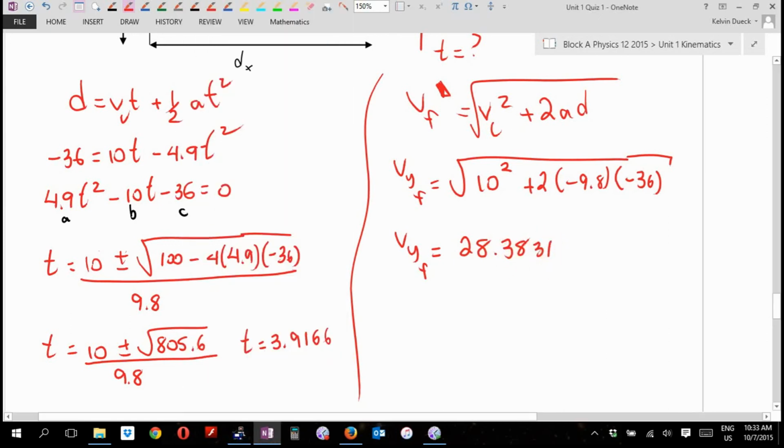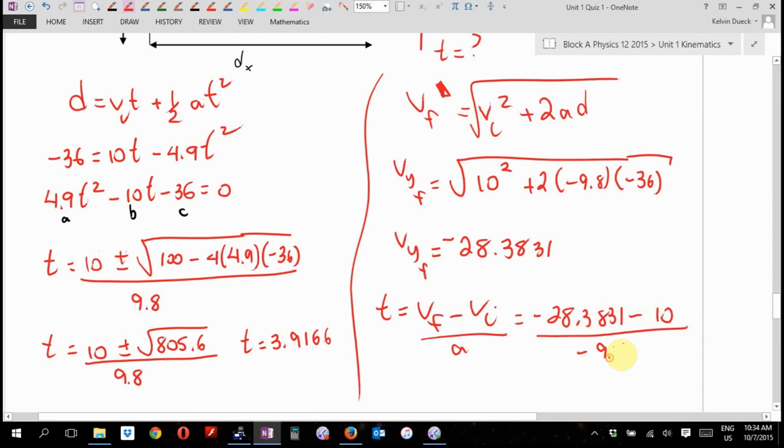Which is wrong. What's the one thing, if I'm using this method, Jordan, what's the one thing I have to remember here? I have to introduce the negative because I know it's going down. Now I can go Vy final minus Vy initial over A. I can go negative 28.3831 minus 10 all over negative 9.8.